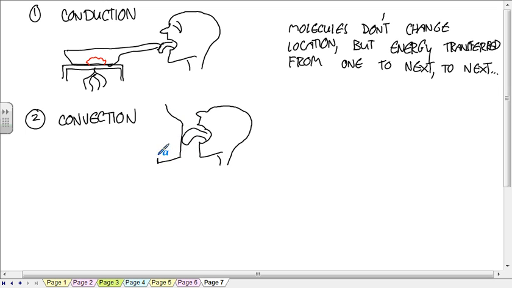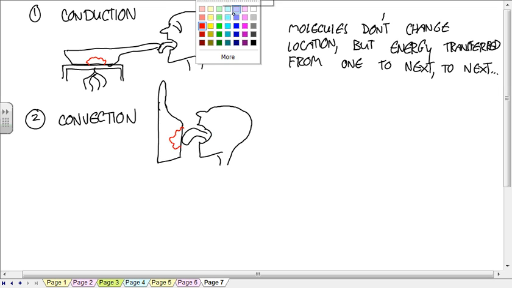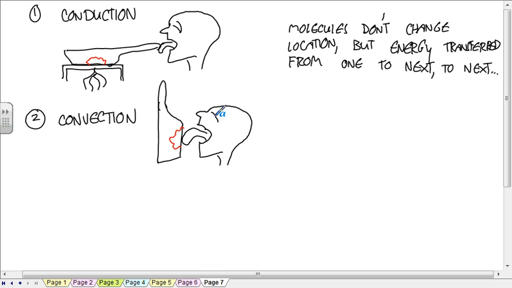You don't wait for one molecule to heat up the next molecule to heat up the next molecule. You just pick up the pan and move the hot part over to your tongue. Okay? So in convection, the high temperature molecules actually just change location.